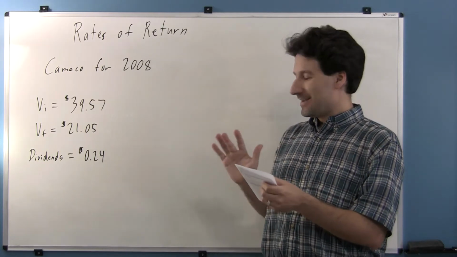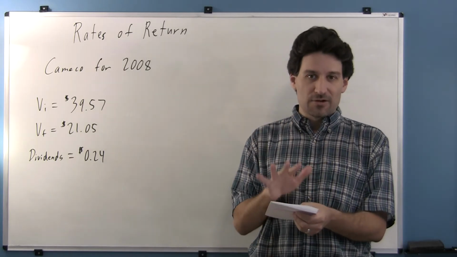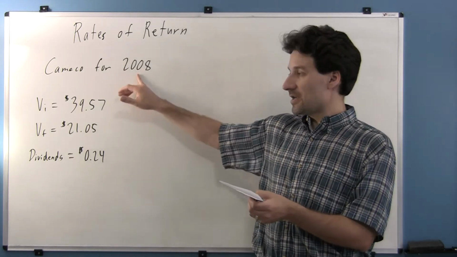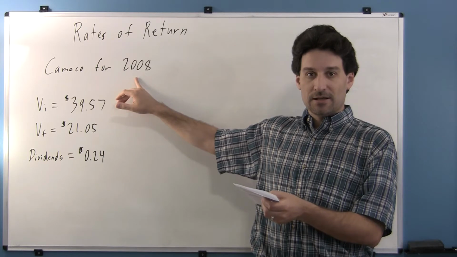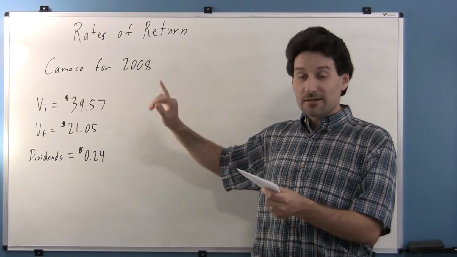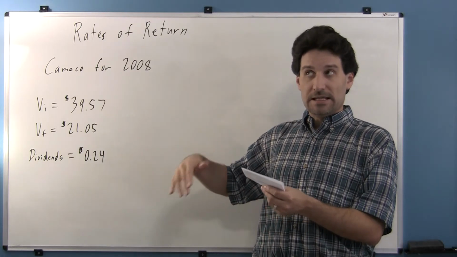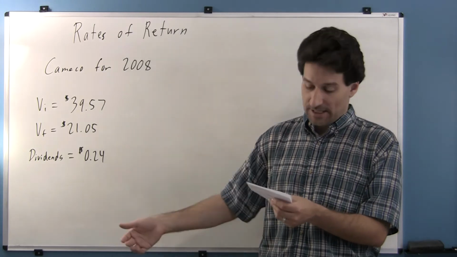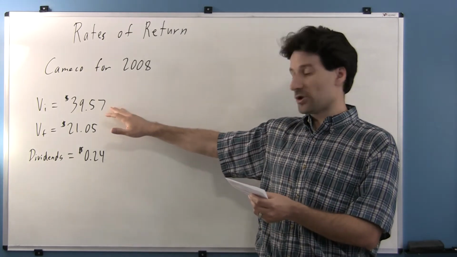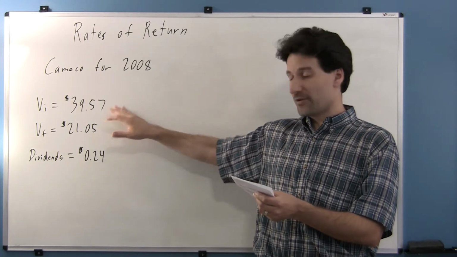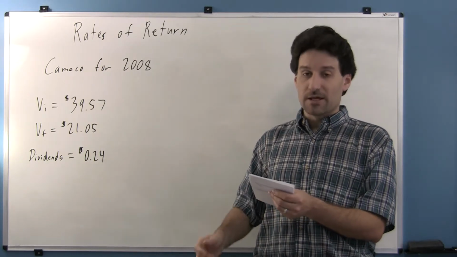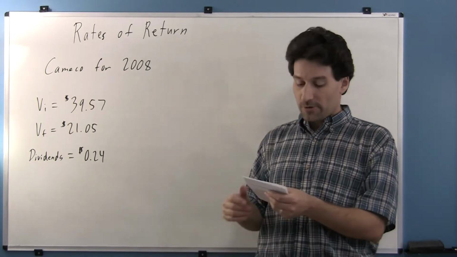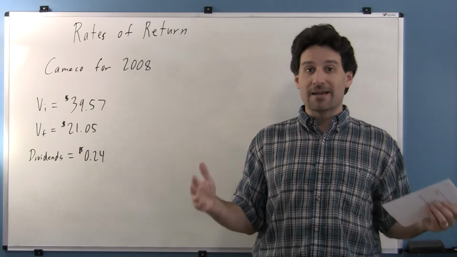Okay, we have extra data in there you don't need. We're looking at the year specifically of 2008. So the share price at the end of 2007 is the price at the start of 2008. That's the price we purchase at, VI, 39.57. And at the end of 2008, we're curious about the rate of return that year.